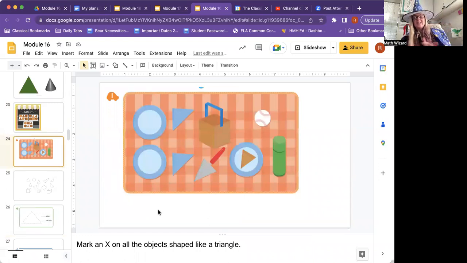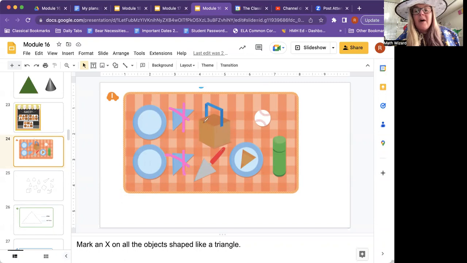Mark an X on all the objects shaped like a triangle. Well, let's see. Which objects are shaped like a triangle? Is this shaped like a triangle? Nope, so leave it alone. How about this one? What is that shaped like? Circle. Is this shaped like a triangle? Yes. So we're going to put an X on it. How about this one? Yeah, they're triangle napkins.